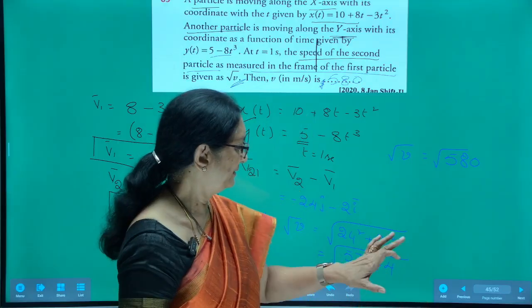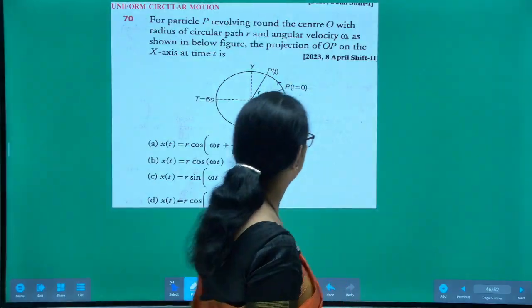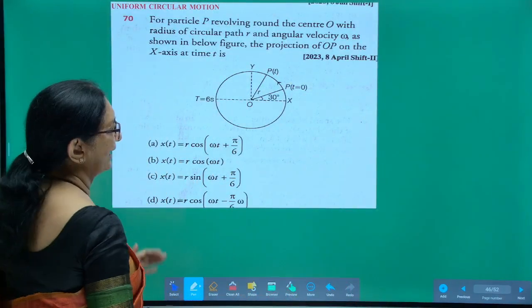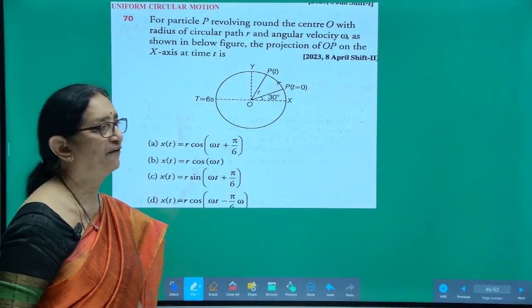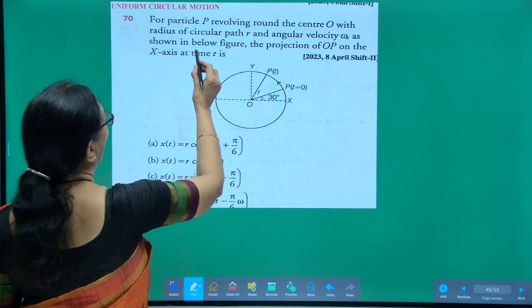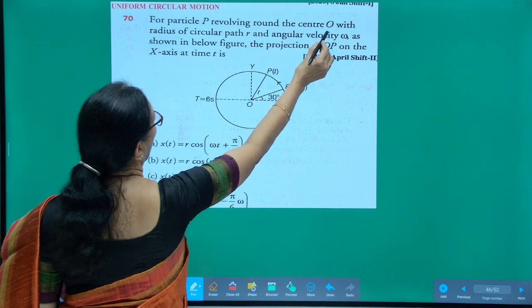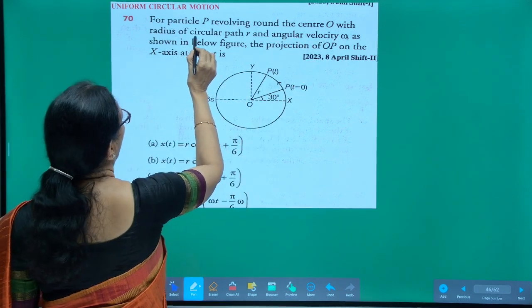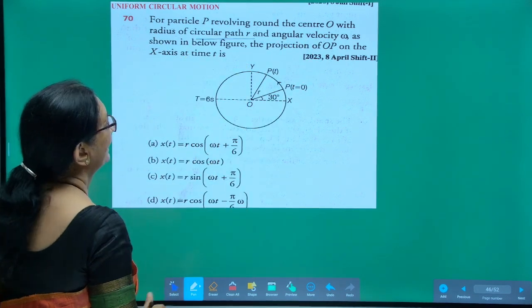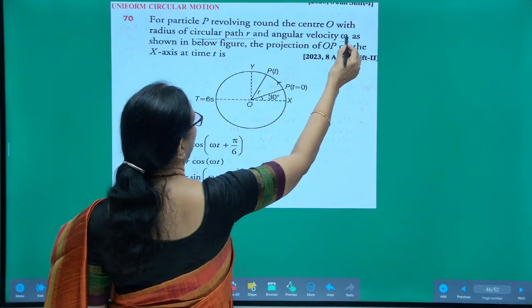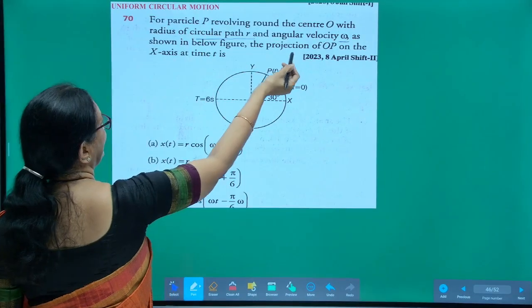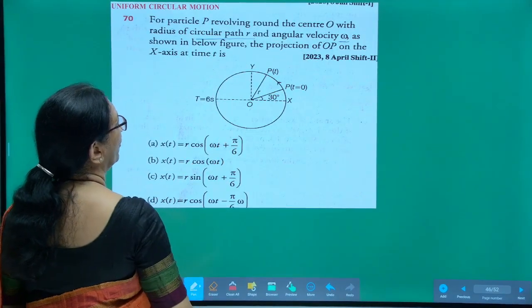Okay. Next, move on to the next problem. Actually, this is based on uniform circular motion. A particle P is revolving round the center with a radius of circular path R at an angular velocity omega. Very obviously, constant angular velocity omega.